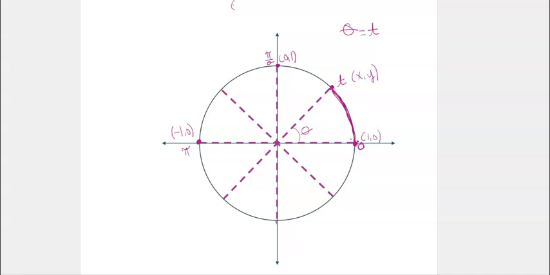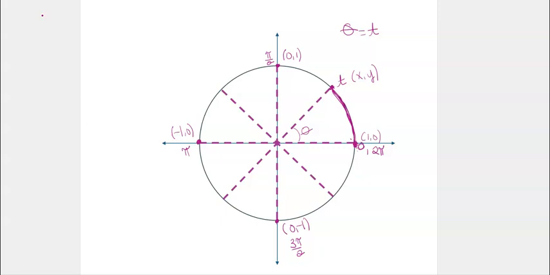And then down here, the point (0, -1) corresponds to 3 pi over 2 radians. And if we came all the way back up to finish the full circle, the point (1, 0) also corresponds to the angle 2 pi.